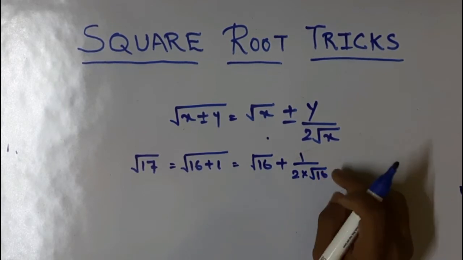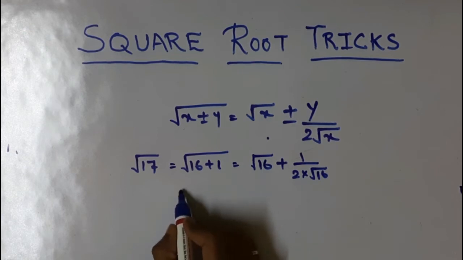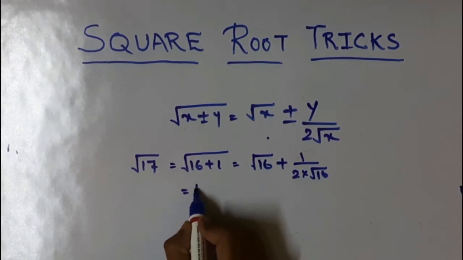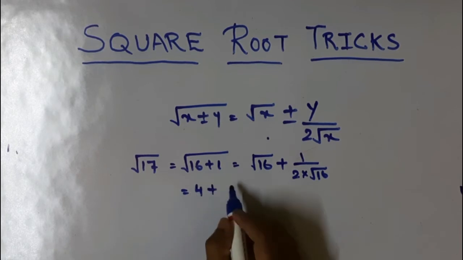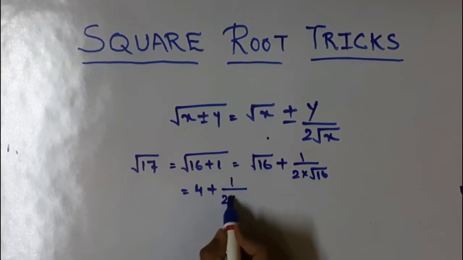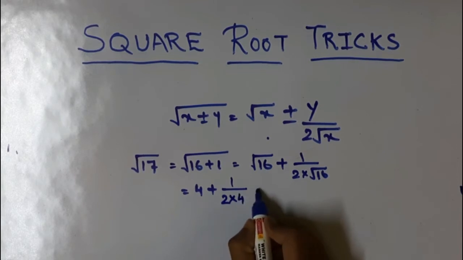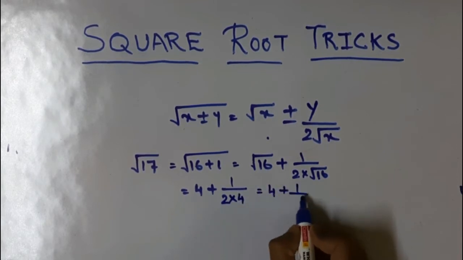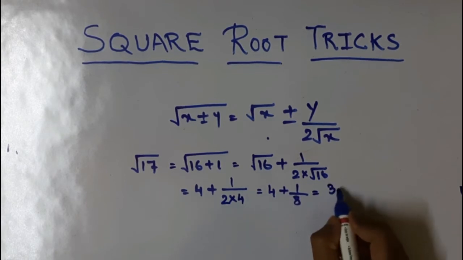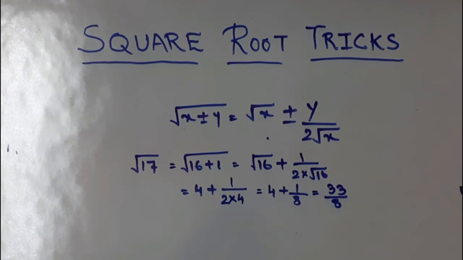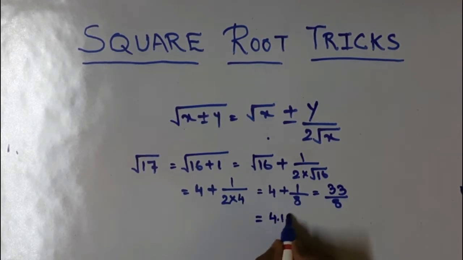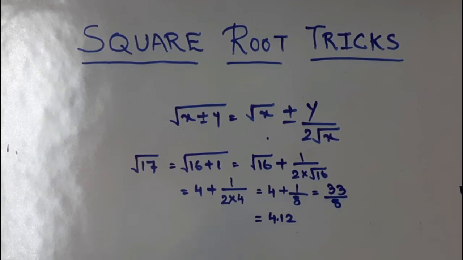Root 16 is 4, so 4 plus 1 by 2 into 4, which is 4 plus 1 by 8. That is 33 by 8, which is approximately 4.12. You can divide it and see it. Therefore the value of root 17 is 4.12. You can check it by calculator, the value will come approximately to this.